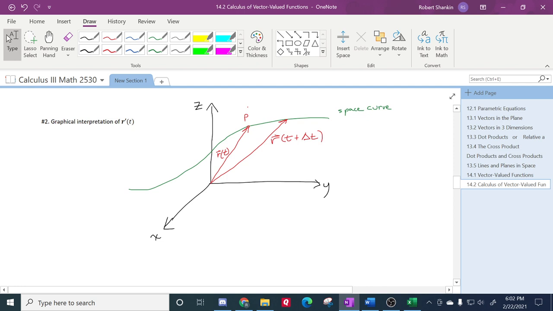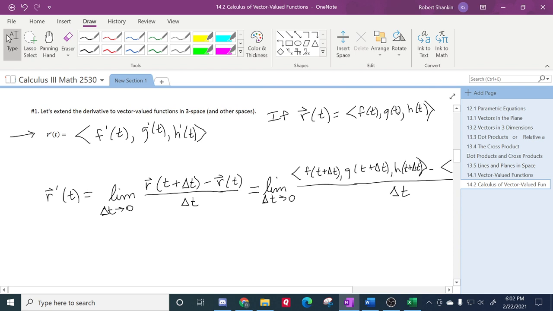All right. So what we are going to get in this picture, this second one right here, is the graphical interpretation of R prime of t comes from looking at this.